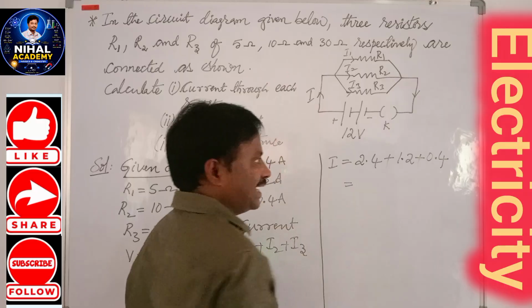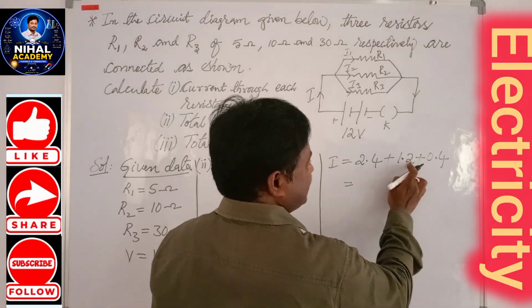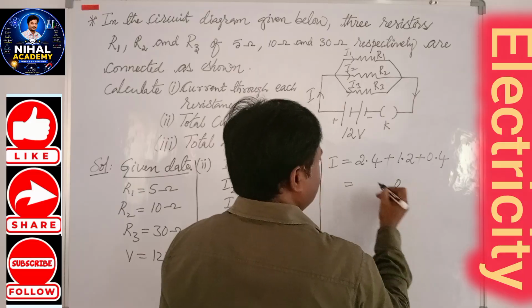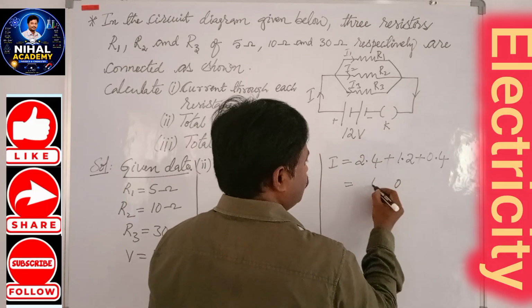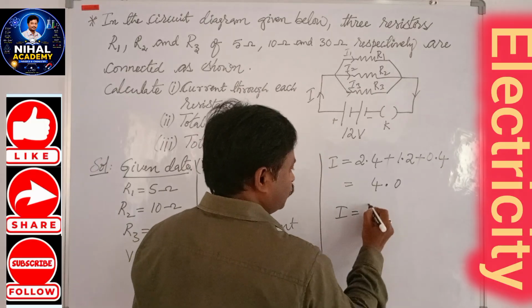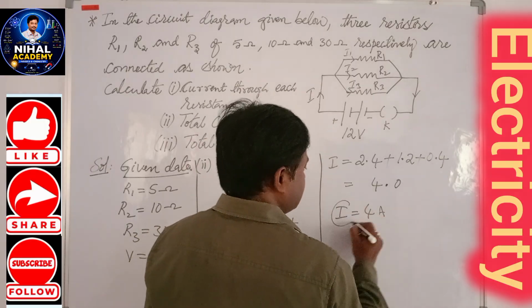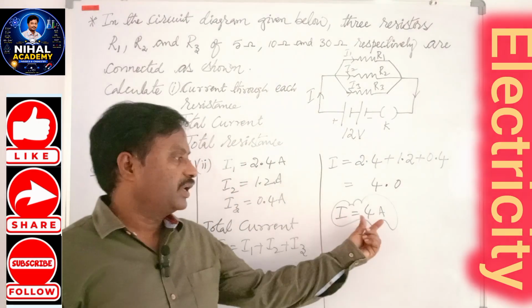Now we have to add these three. 4 plus 2 is 6, 6 plus 4 is 10, 0 and carry 1. So 3 plus 1 is 4. So 4.0. Therefore I is equal to 4 amperes.